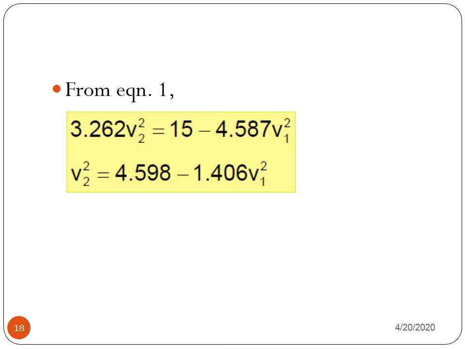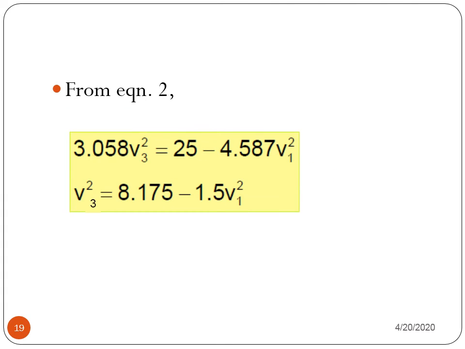Okay, from equation number 1, we rearrange the formula so that V2 squared is equal to what? V1 squared, and then we simplify the equation. So 15 divided by 3.26, we will get 4.598. 4.587 divided by 3.26, we will get 1.406. So this will become your first new equation.